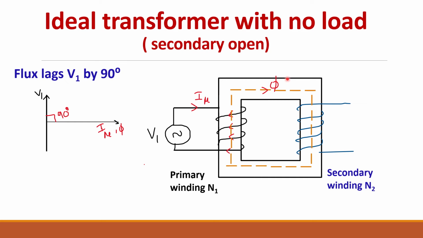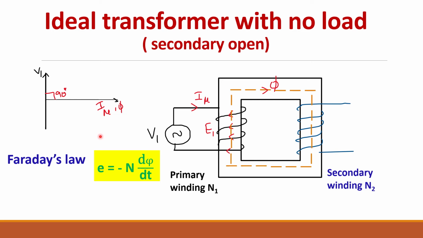But this I and the flux are directly proportional, because MMF is N into I, and as N is a fixed quantity, I is directly proportional to flux. So both flux and current lag the voltage by 90 degrees.